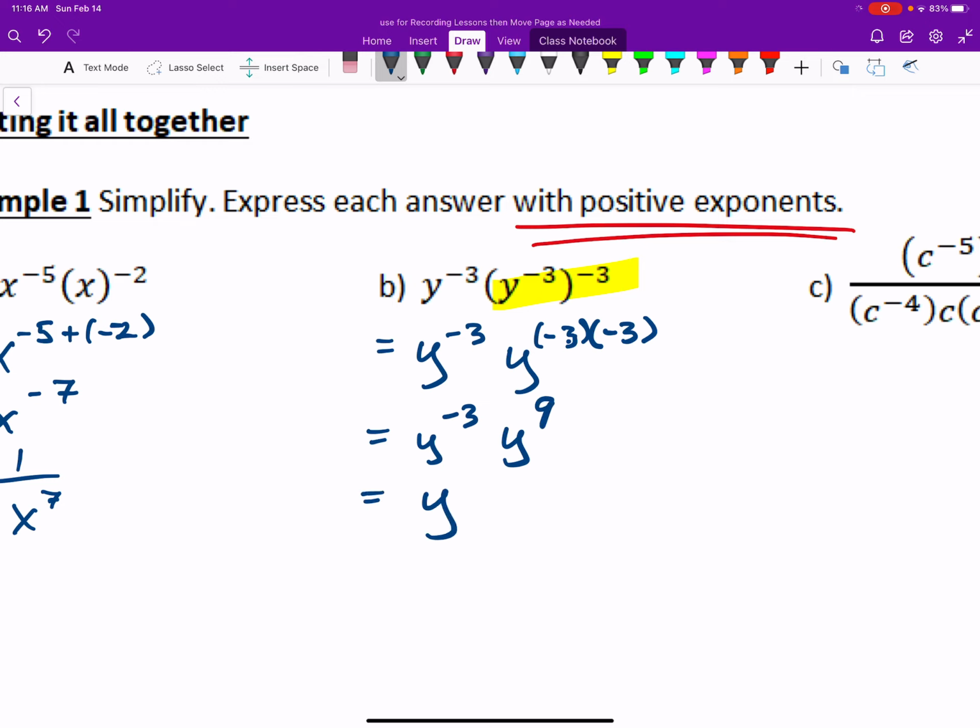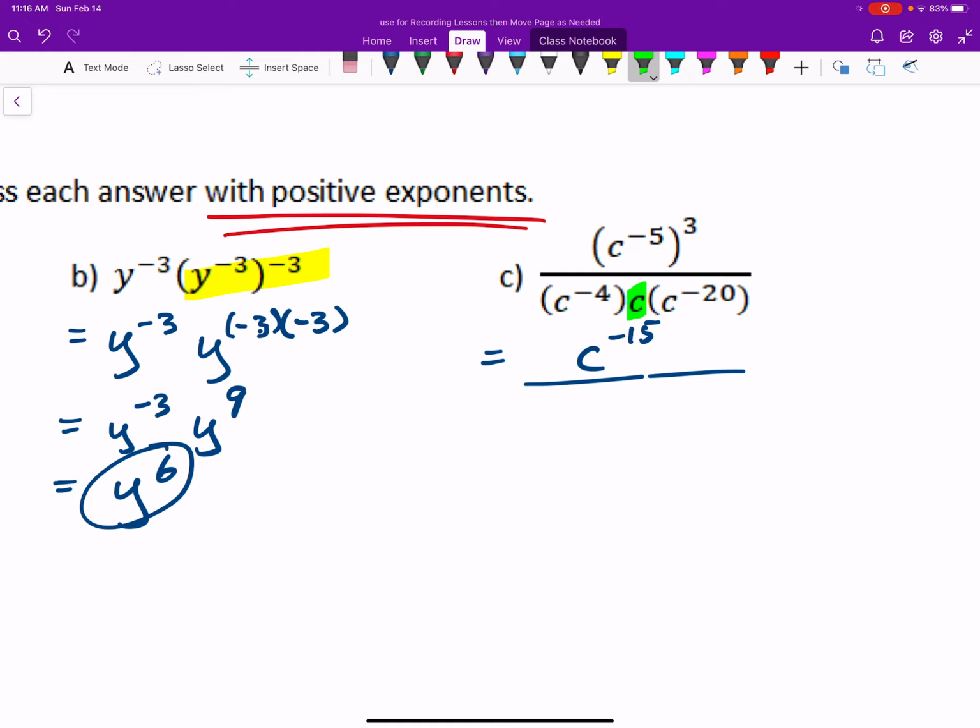On the bottom, it's very easy to overlook this c that's here in the middle. That is actually another term that we have to deal with. That would be the same as a c to the exponent 1. So do be careful to not overlook those little ones that can sneak past us. So if I do negative 4 plus 1 plus negative 20, I end up with c to the negative 23.